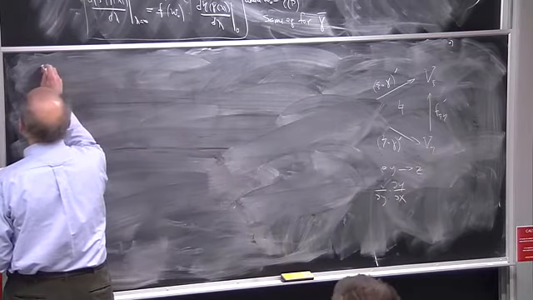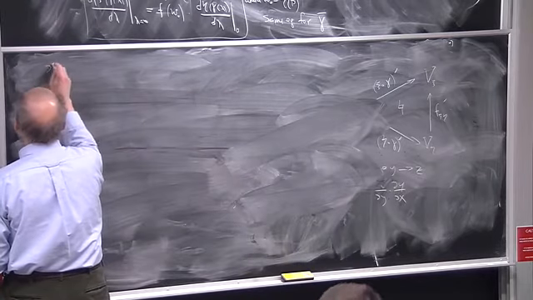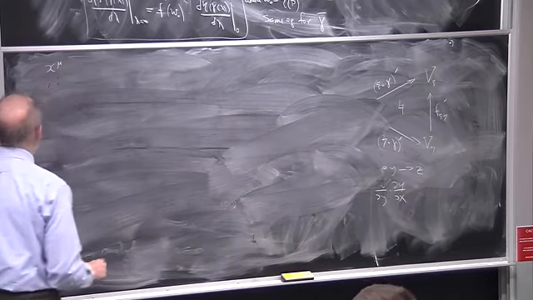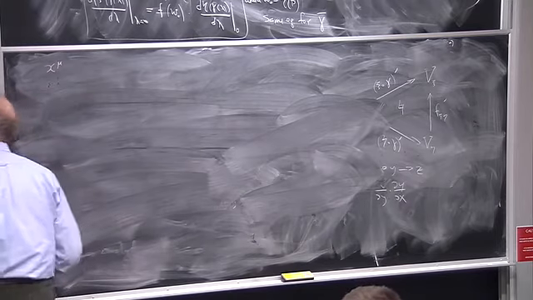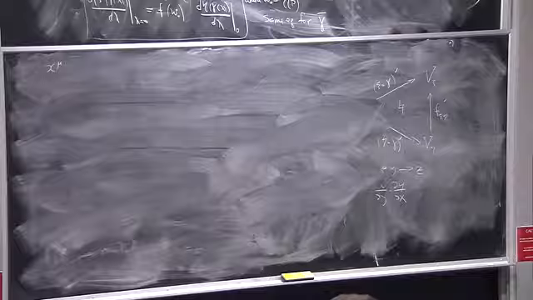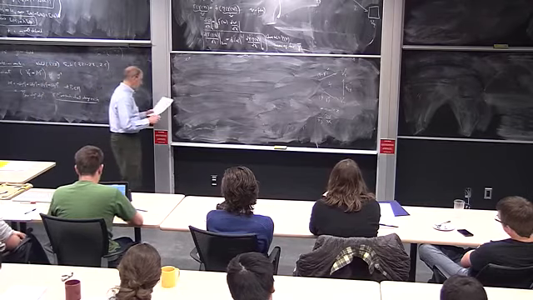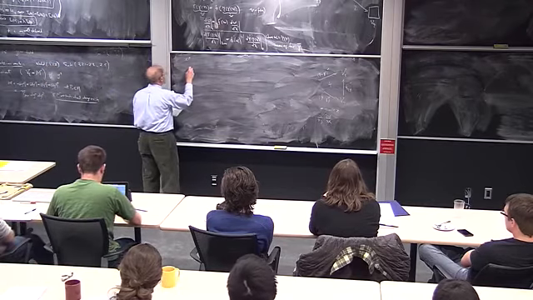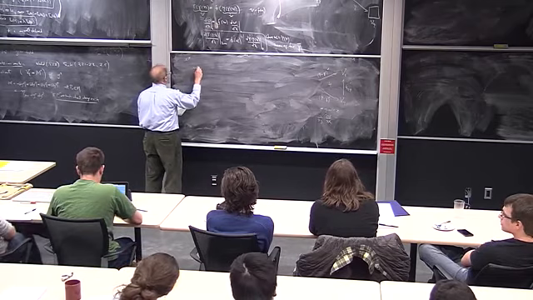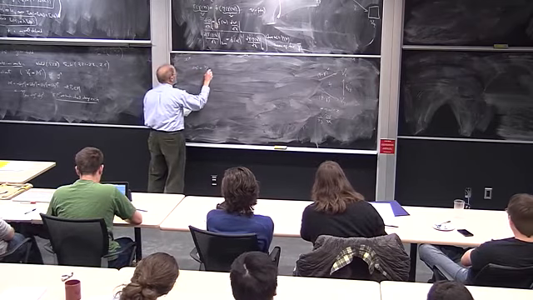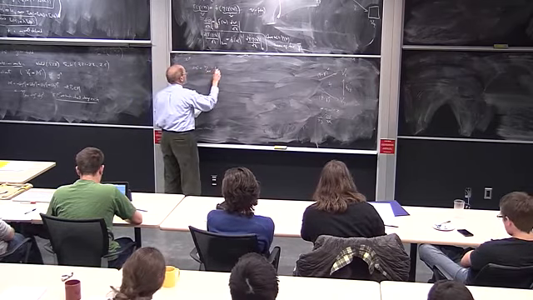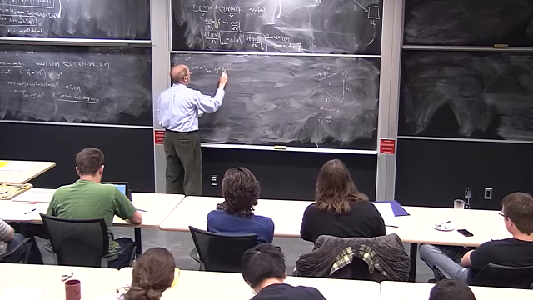So let the x^μ be some coordinates belonging to some other chart. Let's just re-express this equation in terms of the x's. It said that ds² was equal to η_μν dy^μ dy^ν.